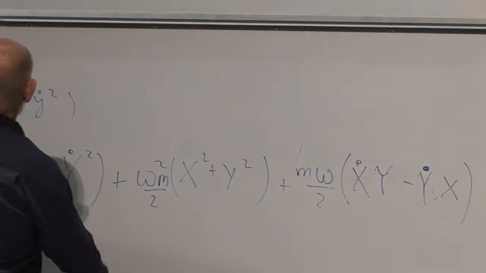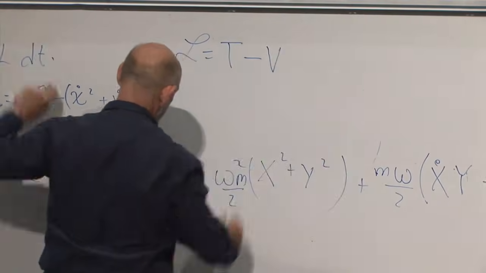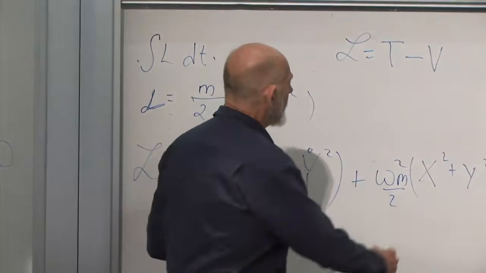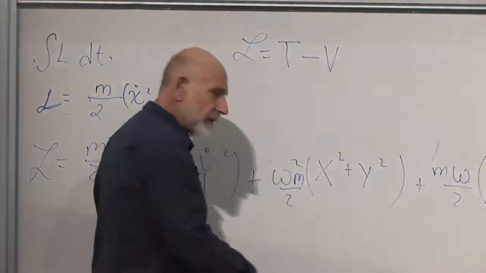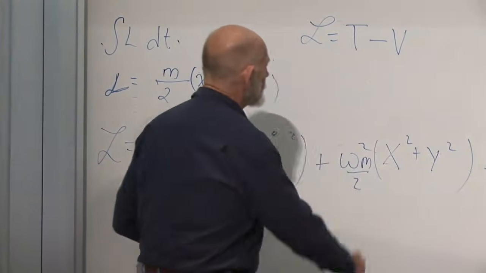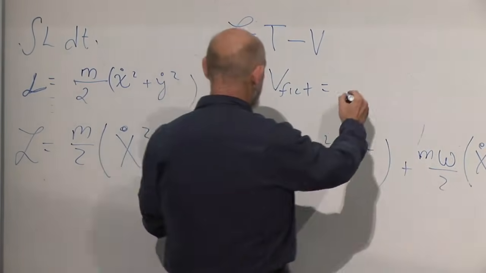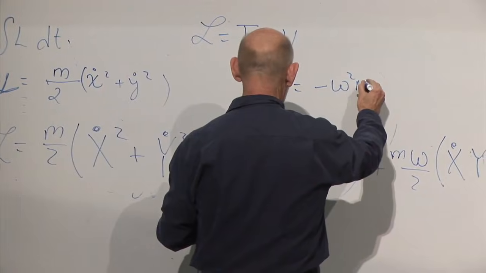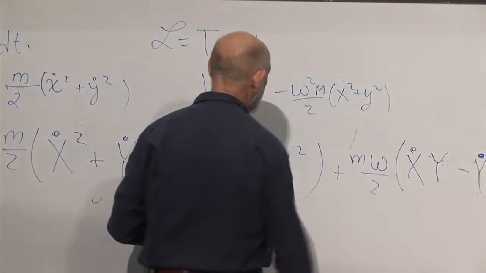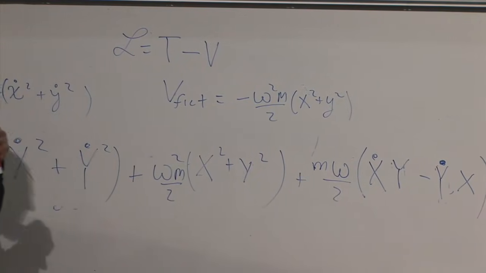Remember what we normally would write: the Lagrangian is equal to T minus V. So this has the look of a potential energy, a fictitious potential energy, V fictitious, which is equal to minus omega squared m over 2 times X squared plus Y squared. Minus because the Lagrangian always has T minus V.